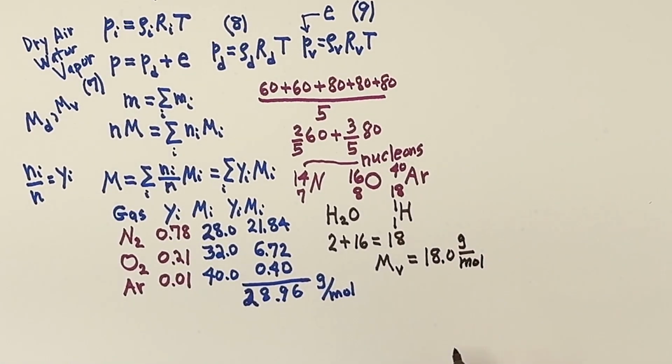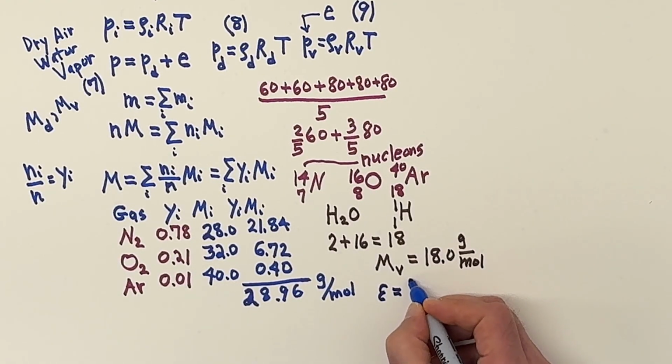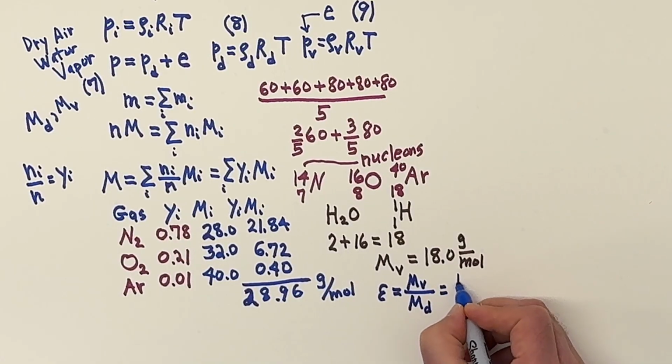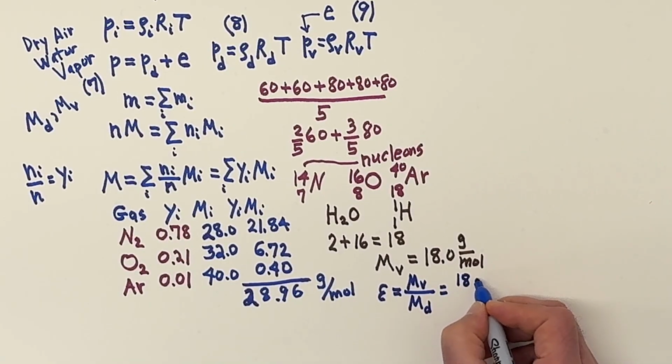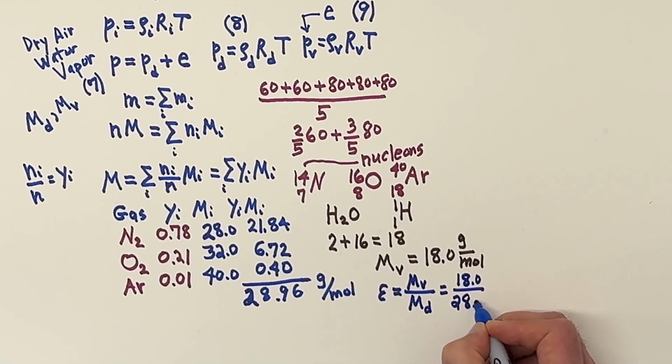And then a real neat thing to see here is a ratio, which is common in atmospheric science, to look at. Epsilon is the molar mass of the vapor divided by the molar mass of the dry air. And that's going to be 18 over 28.96.